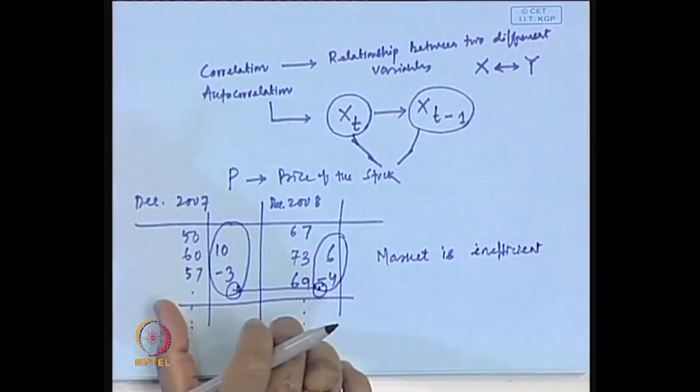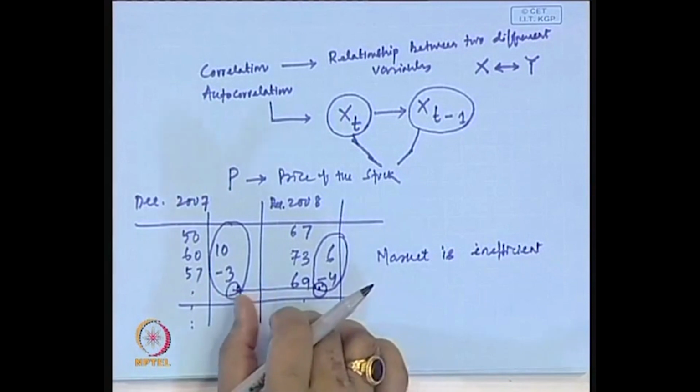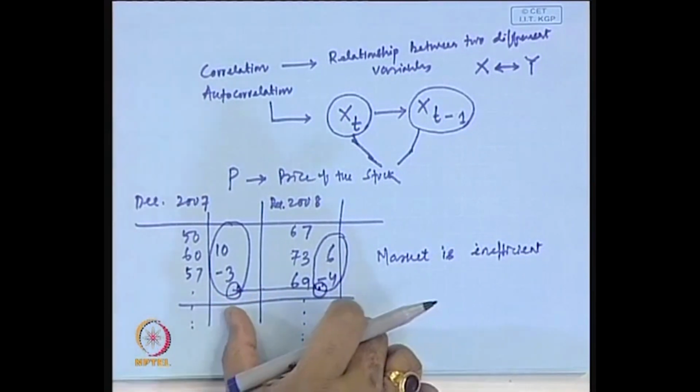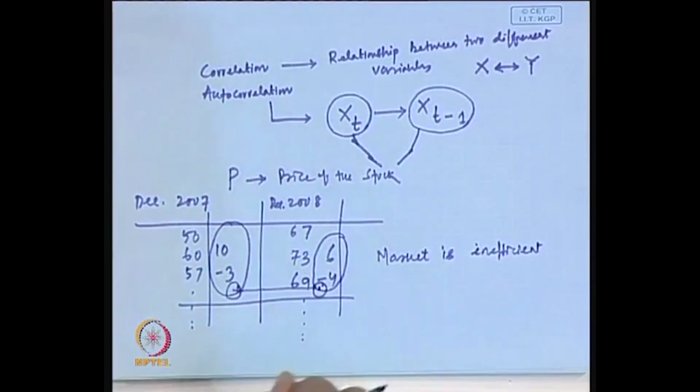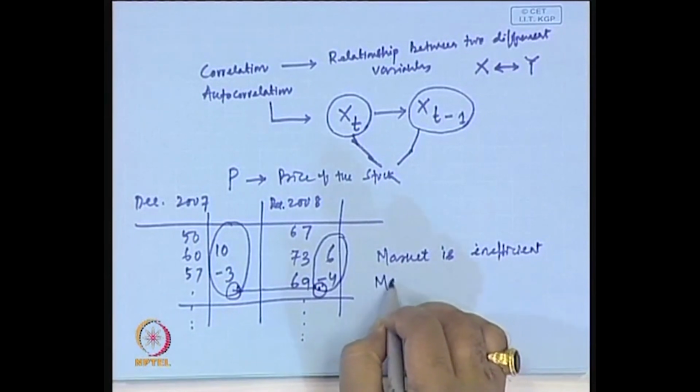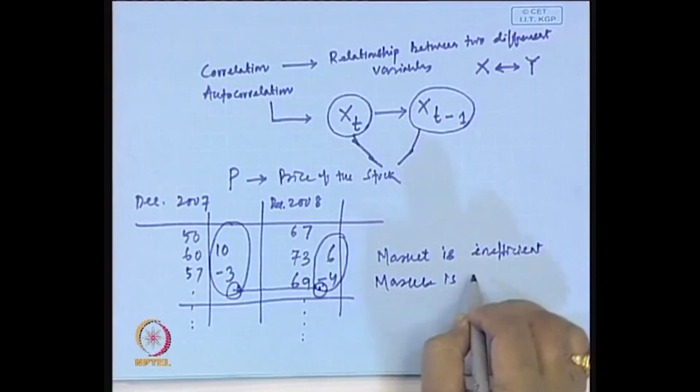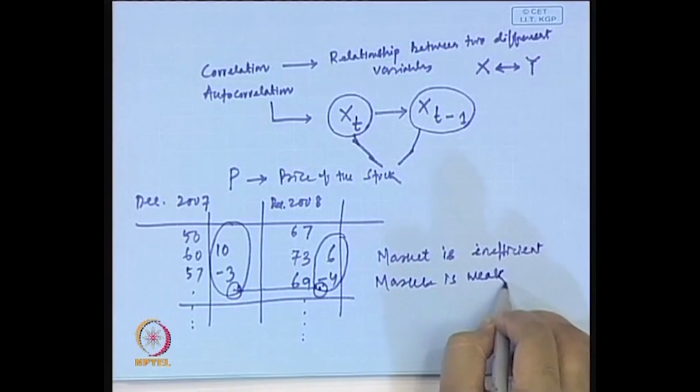If the correlation between them is highly insignificant in a statistical manner, then we can say that the market is weakly efficient.